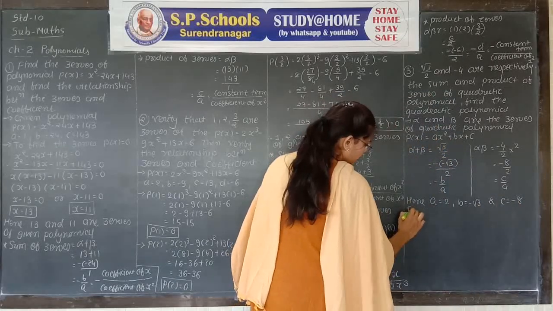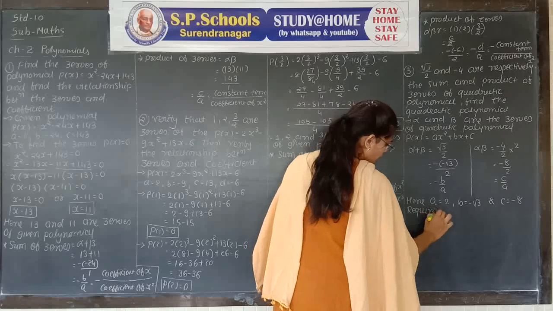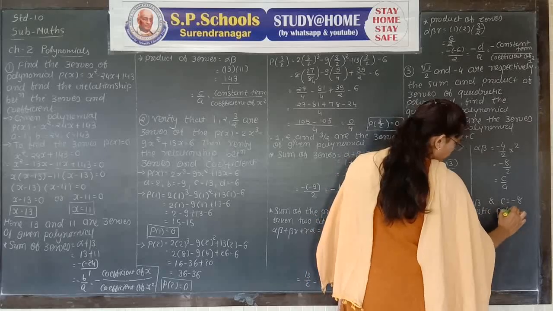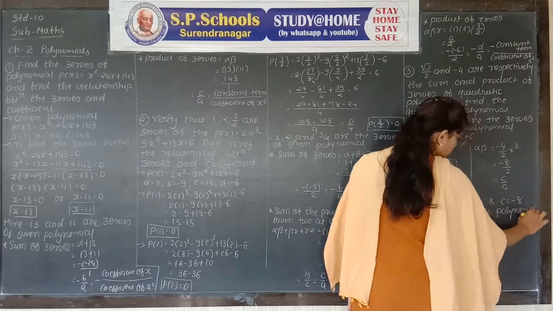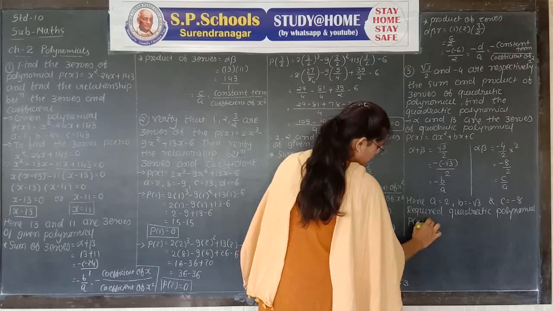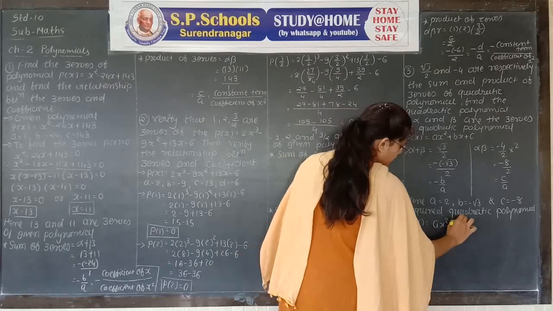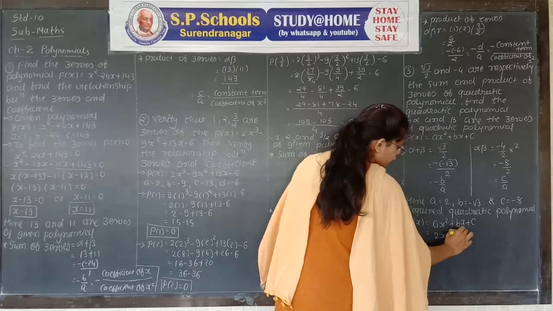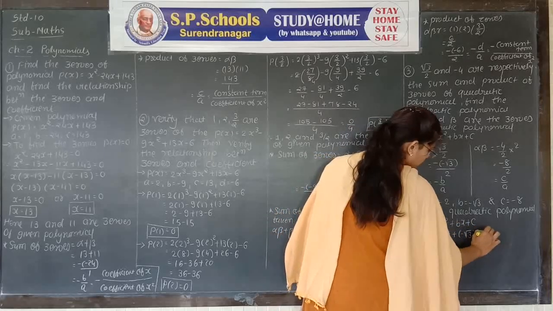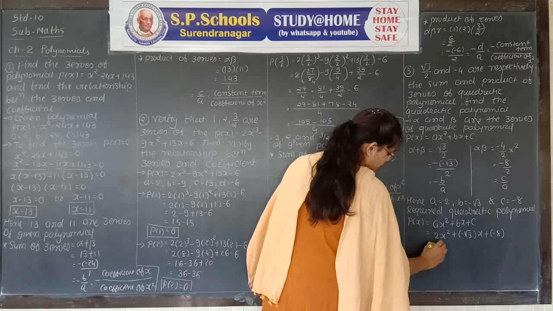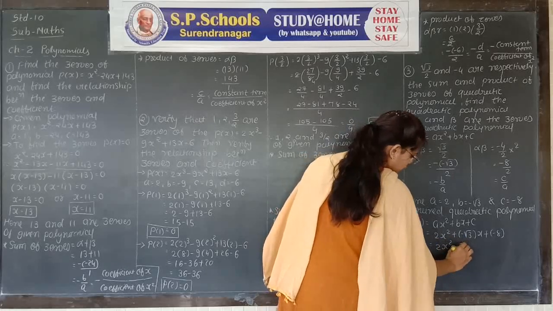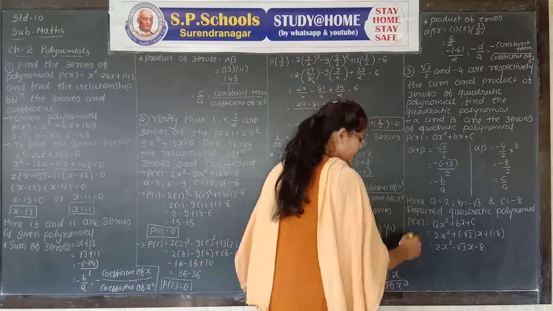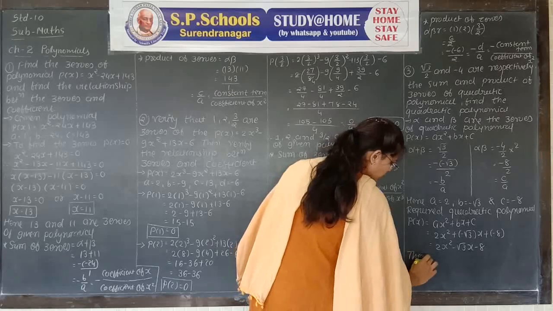The required quadratic polynomial p of x is equal to ax square plus bx plus c, where a is 2x square, instead of b is minus root 3x, plus c is minus 8. 2x square minus root 3x minus 8 is our required polynomial, but in general infinitely many polynomials are possible.